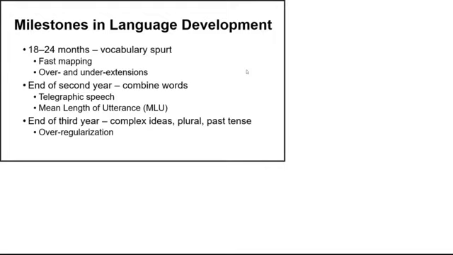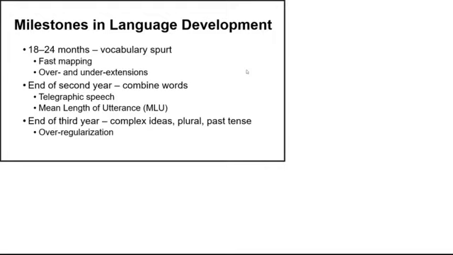And this is one of those points that we're going to come back to when we're talking about evidence for biological underpinnings of language acquisition, because acquiring that much that quickly, we must have something that sets us up to be able to do that. We typically don't learn anything that quickly, so we must have some kind of system in place to help us do so.